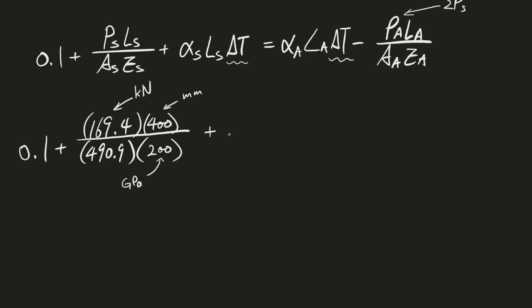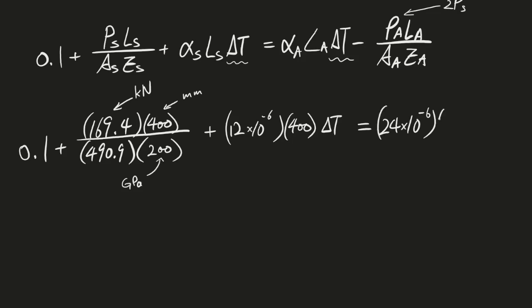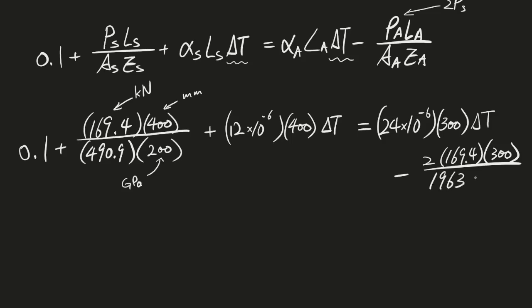Now, third term, we have 12 times 10 to the negative 6 per degree C, and the length of steel, again, is 400 multiplied by delta T. That is equal to 24 times 10 to the negative 6 times 300 millimeters delta T. Finally, minus twice 169.4 kilonewtons, 300 millimeter length over 1963 millimeters squared multiplied by 68.9 gigapascal.